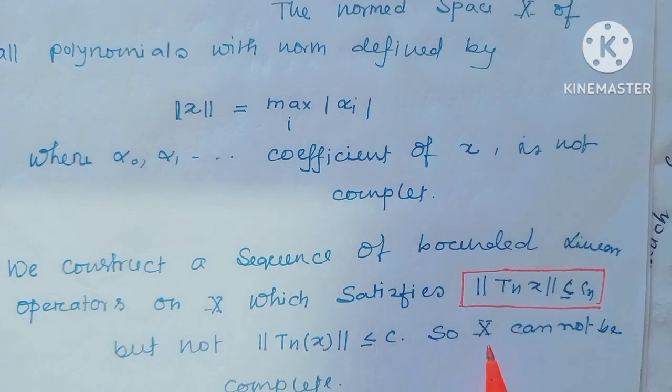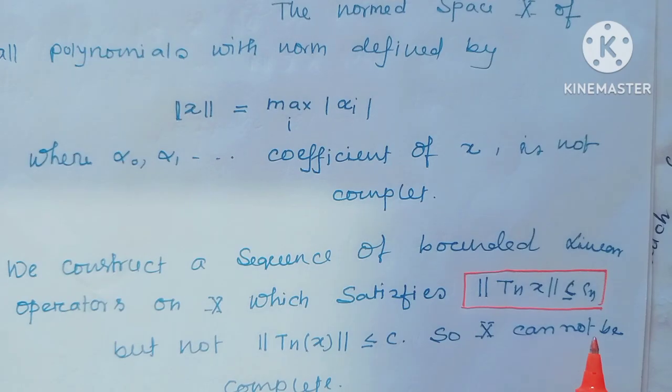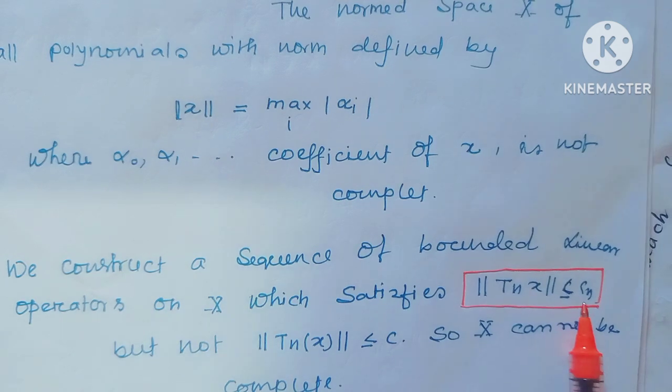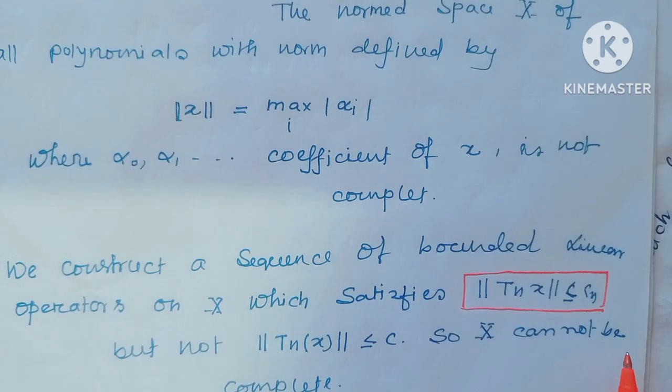Therefore, the given X cannot be complete. When X is a Banach space, not just a normed linear space, then always pointwise boundedness implies uniform boundedness. Since here pointwise boundedness does not imply uniform boundedness, that means X cannot be complete.